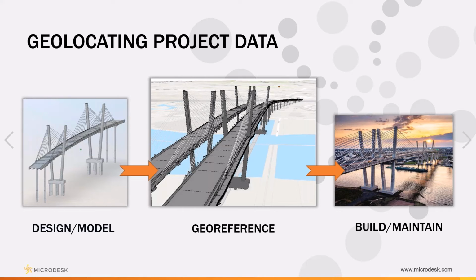While it is possible to define the location of a model within the GIS, it is generally more accurate and requires less manipulation if this is done within the Revit or Civil 3D side.